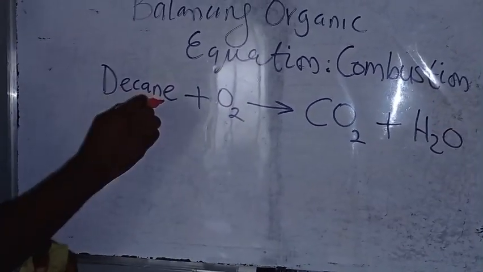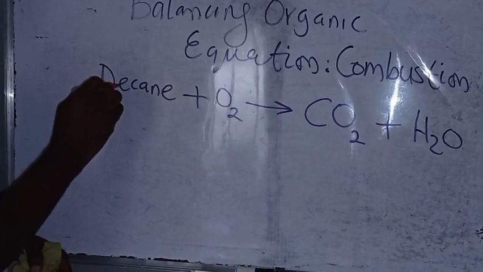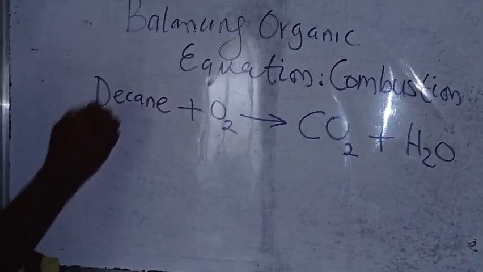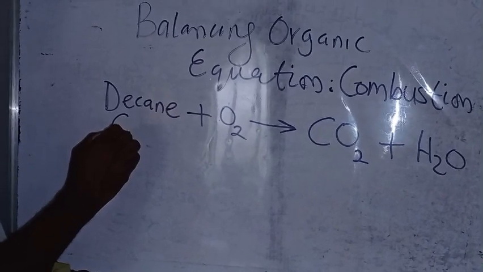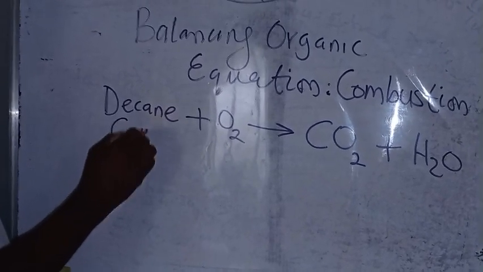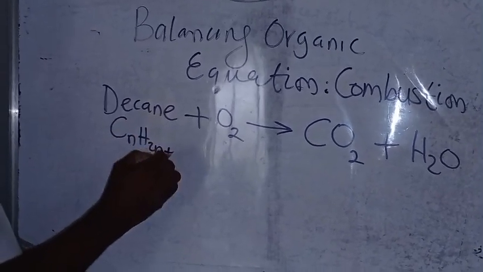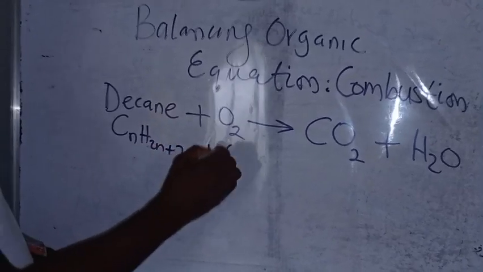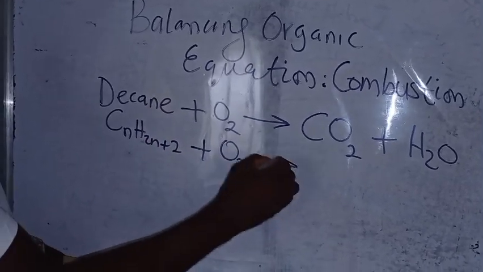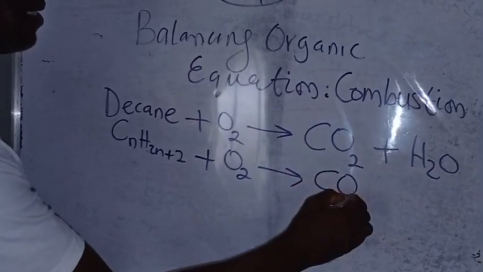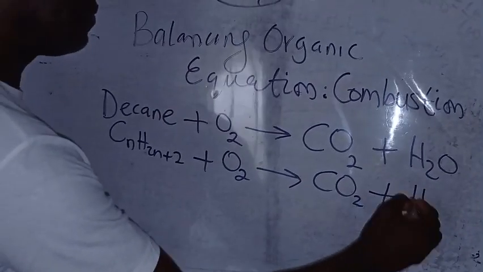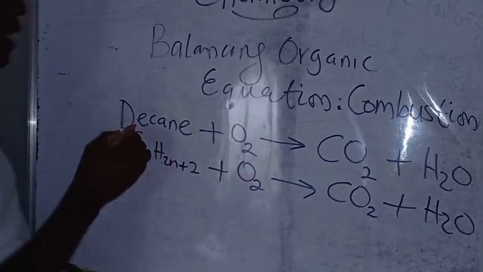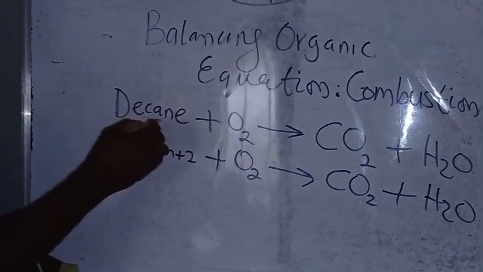Now, this decane means that the carbon content is this. I can write it like this as CnH2n+2 reacting with oxygen, giving me carbon dioxide plus water. Now, from the name, deca means 10.